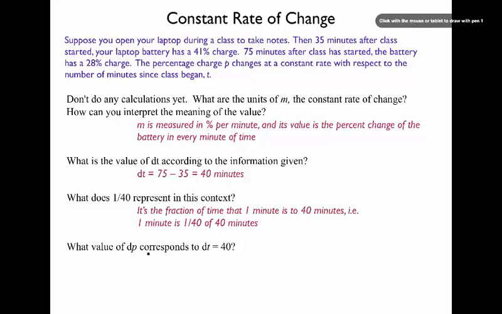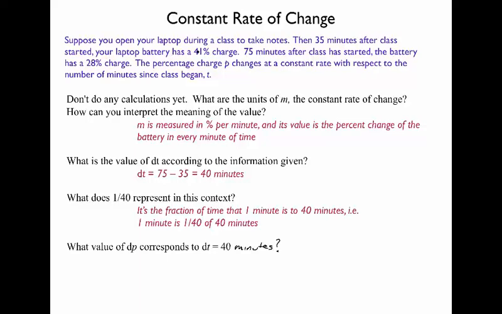So what value of dp corresponds to this change in time? And I should have minutes. Okay, so what value of dp corresponds to a dt of 40 minutes? Well, as the time changes from 35 to 75, the charge changes from 41 to 28.